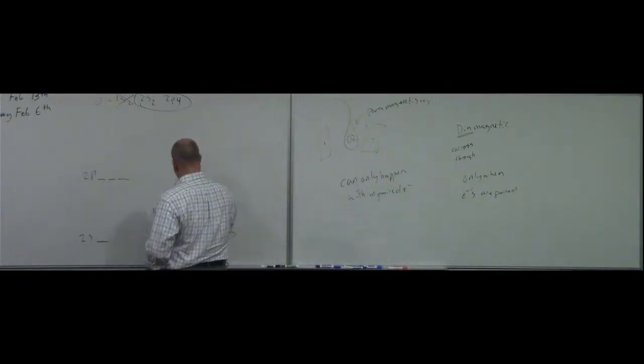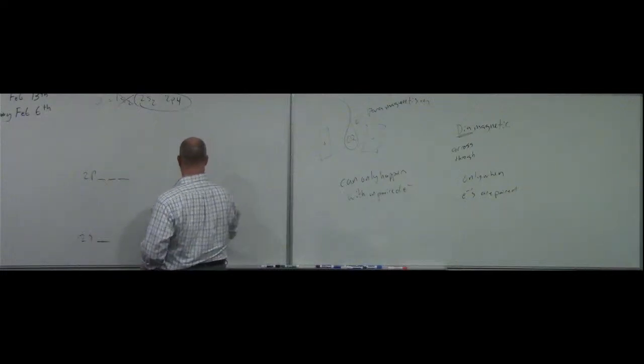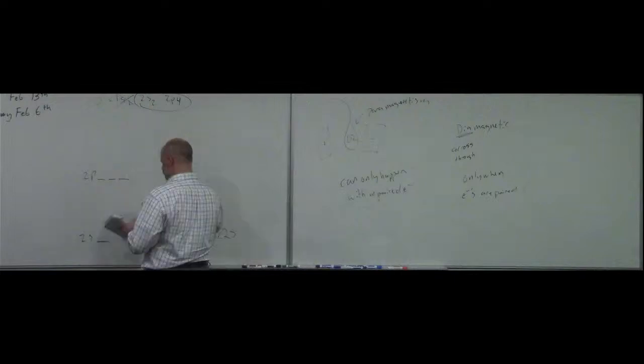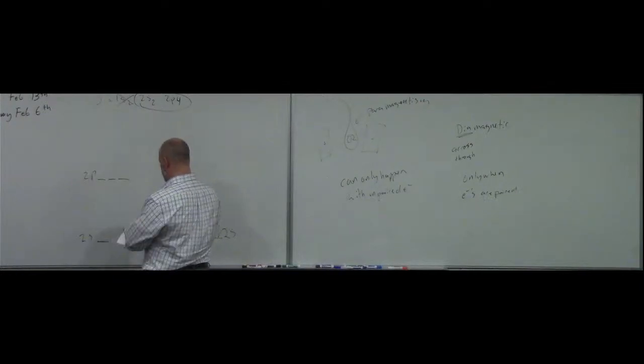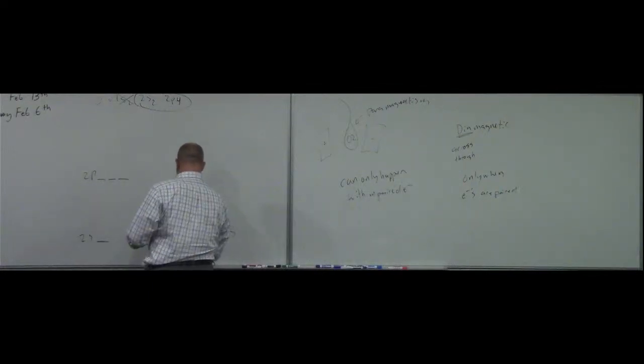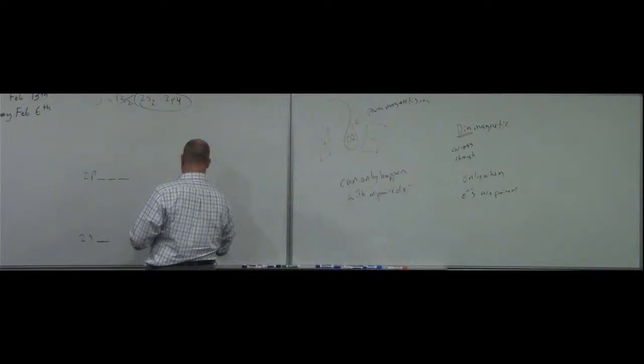So molecular orbital theory predicts that we're going to have a sigma 2s, and a sigma star 2s.